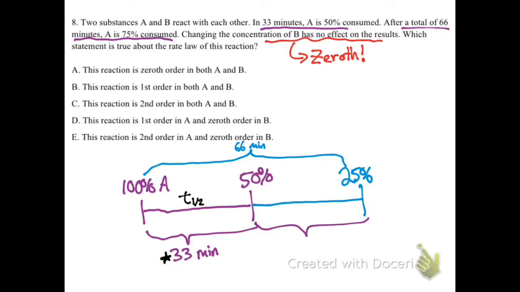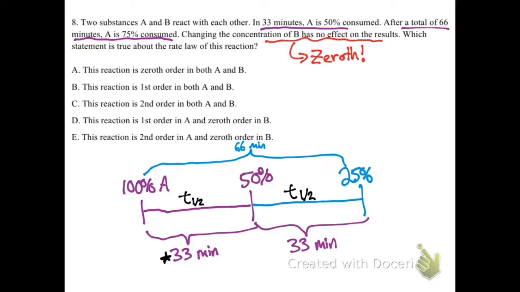Guess what? This was 33 minutes yet again. So, once again, this is a subsequent half-life, because we had 50% of the original amount, and then we went down to 25%, so that's half of the half.